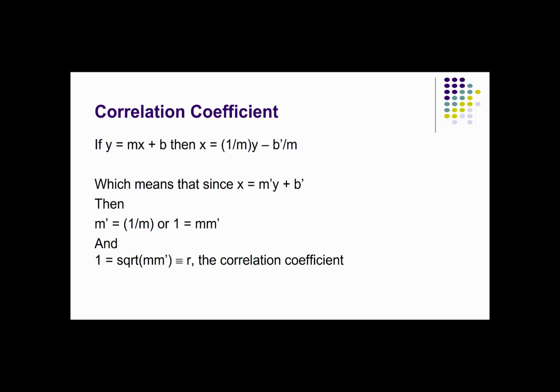And so experimentally, when I see r greater than 0.999, that value supports the proposition that there's a linear relationship between x and y in terms of variables.